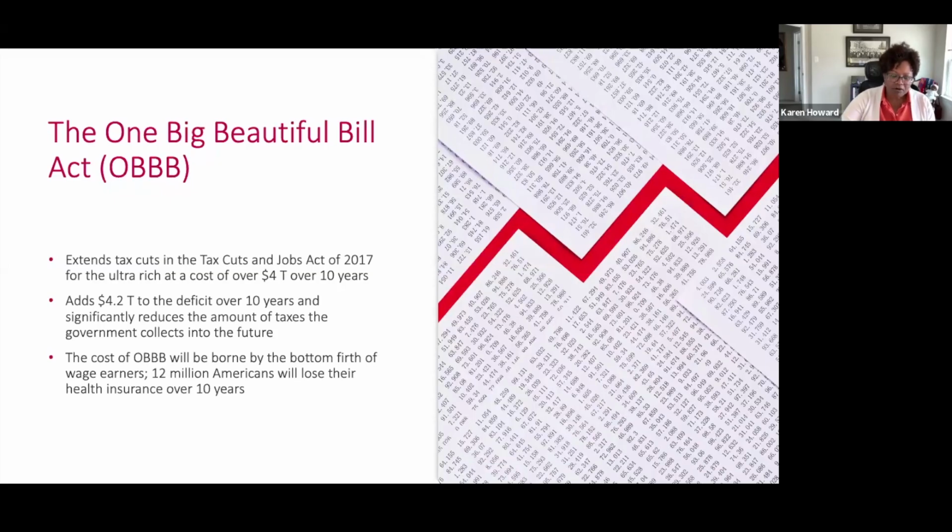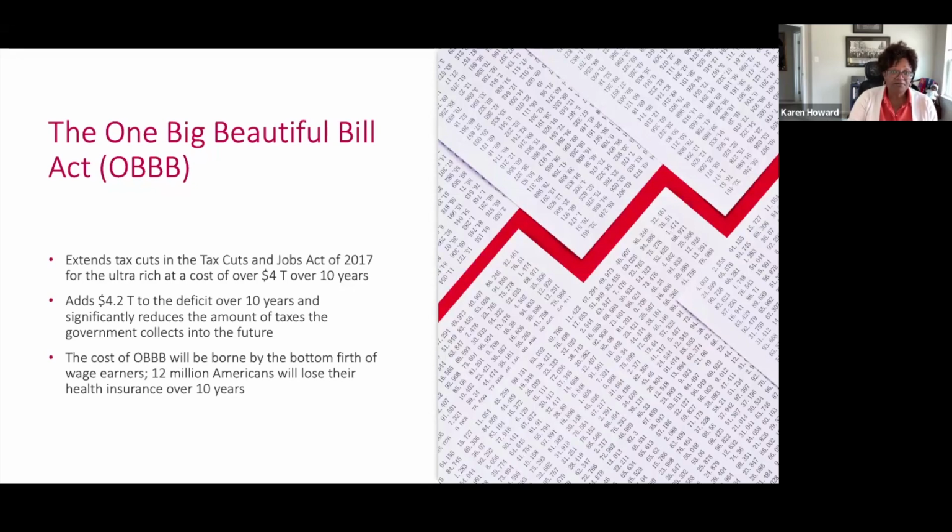I won't go through all of the different things in which there have been attacks, but I will say that in the recently passed One Big Beautiful Bill, it's hard to say that because this bill is so damaging and wages war on families and children and changes the trajectory of the nation. So the One Big Beautiful Bill, I'll just call it the Reconciliation Bill, extends the tax credits that were in the Trump era from his first term.